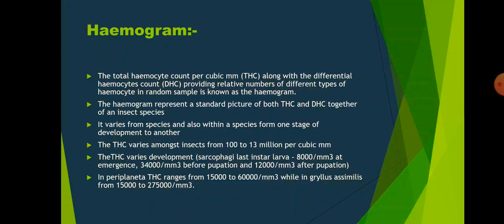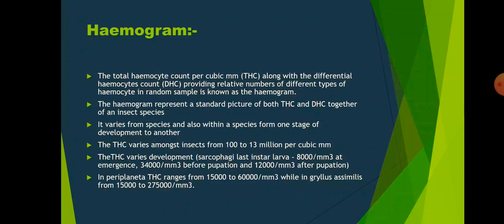The hemogram represents a standard picture of both THC and DHC together of an insect species. It varies from species to species and also within a species from one stage of development to another. The THC varies among insects from 100 to 13 million per cubic mm.